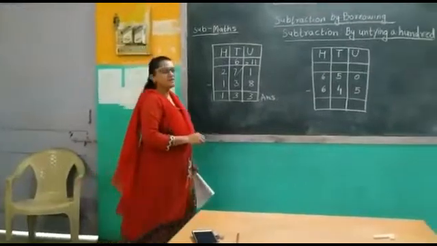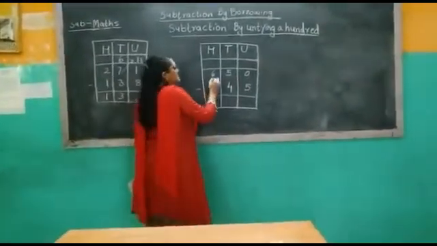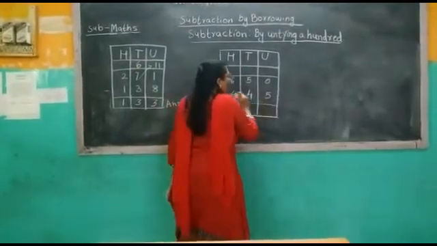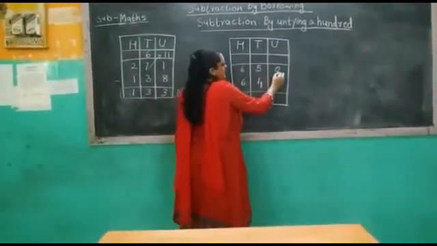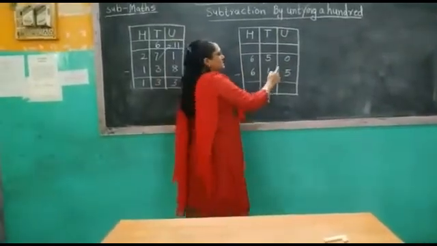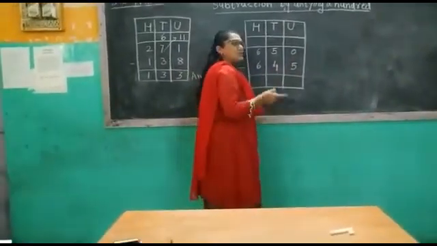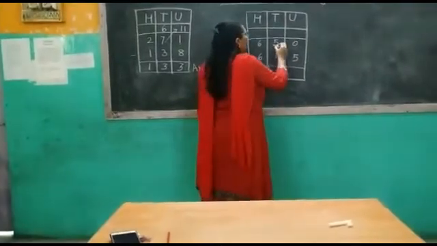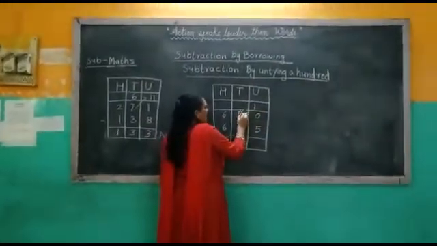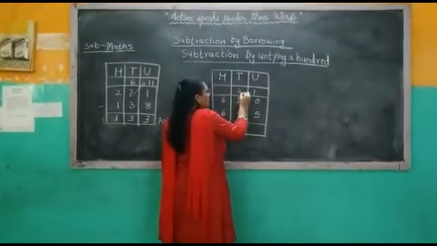Now we will see the next example. 650 minus 645. Now see, in the unit place there is a 0. We cannot subtract 5 from this 0. Then what we will do? Again we will borrow 1 from this 5. So when we are borrowing 1 from this 5, we will write here 4.